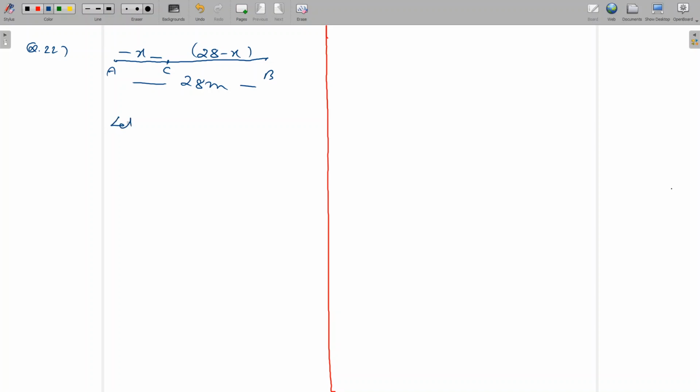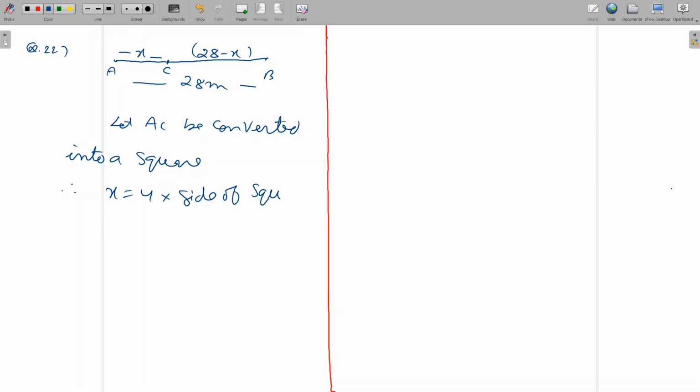So let AC be converted into a square. Therefore, we will have x equal to 4 into the side of the square.